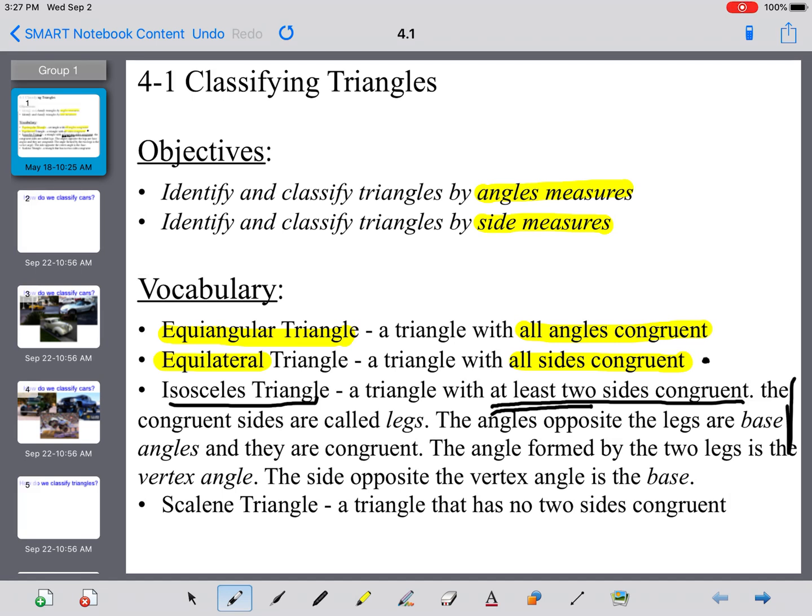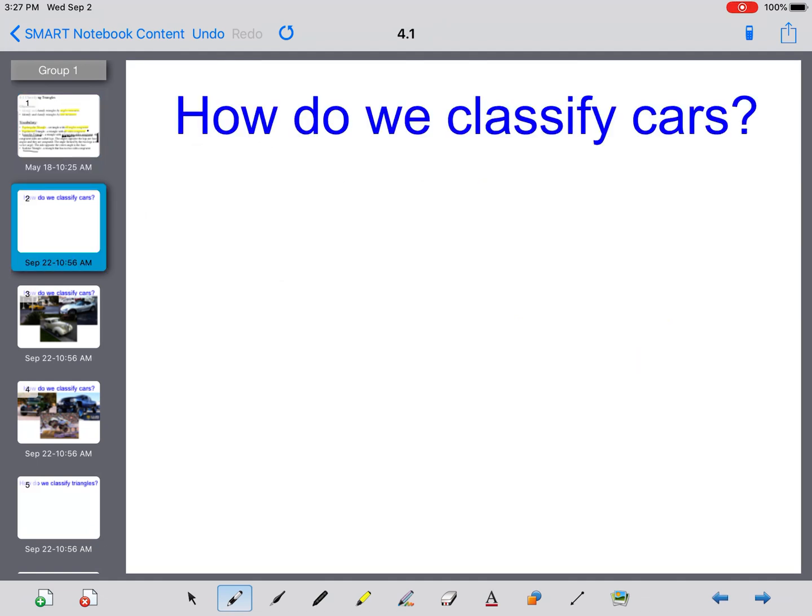Therefore, an equilateral triangle is technically an isosceles triangle because it does have at least two congruent sides. We'll talk about some of this other stuff in another slide, so I'll wait on that. A scalene triangle then, at the bottom here, is a triangle that has no congruent sides, no sides congruent to the others.